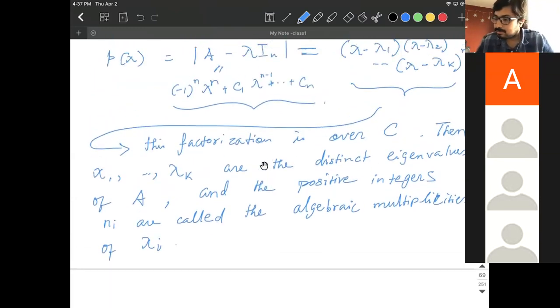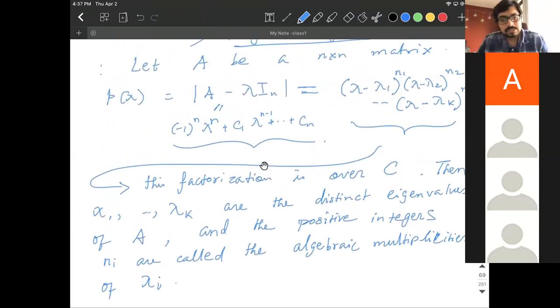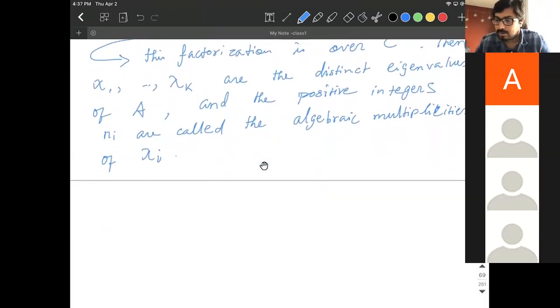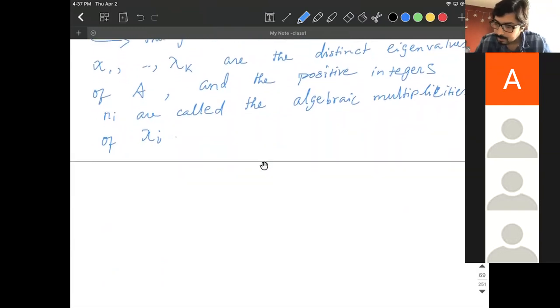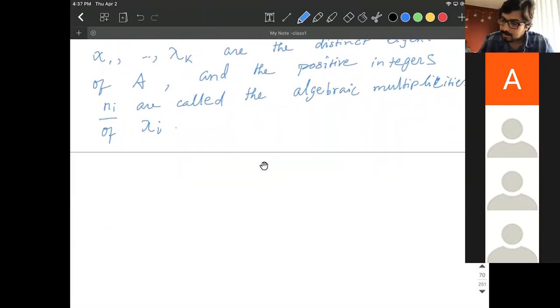Okay, so these are simply the number of times each eigenvalue repeats itself. That's all it is. So these are called the algebraic multiplicities, the Ni's.